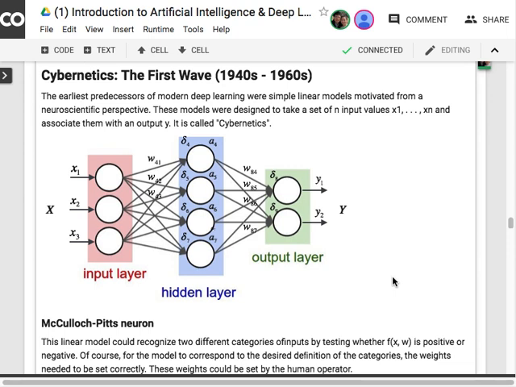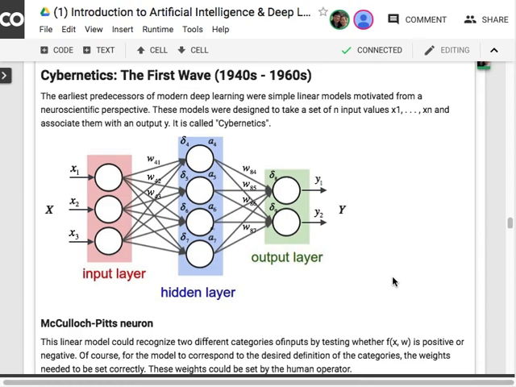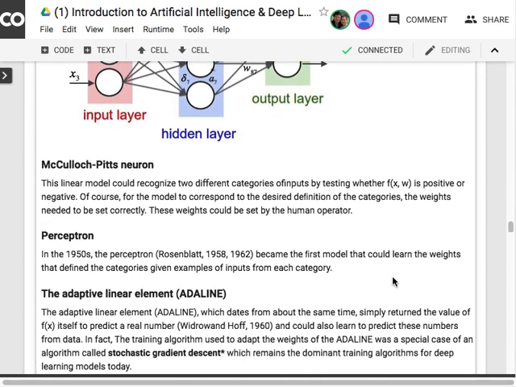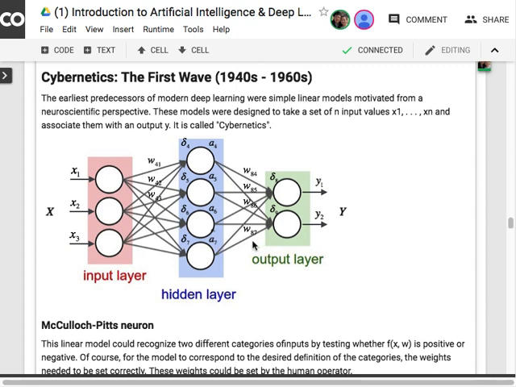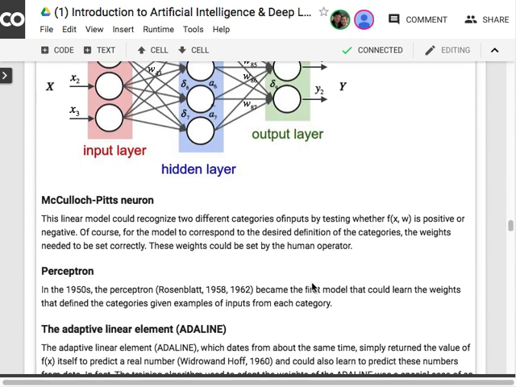The model is designed to take a set of input values and associate them with an output, and it's called cybernetics. This is the image of the artificial neural network, but it's not yet fully developed. At that time, it did not look like this.